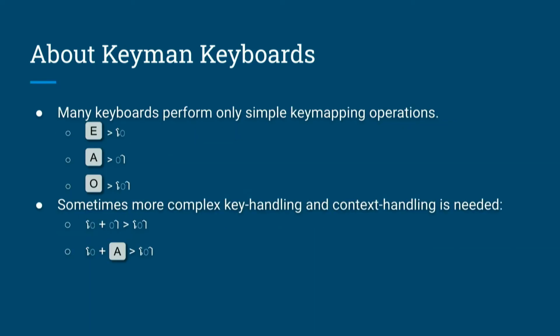So just for some simple examples of some basic things, and then some slightly less basic things that can happen with keystrokes. Your starting point, very simple, plain keystroke remapping operations. We can map E to an E-like vowel in Keyman, to an A vowel, and then O to the corresponding Keyman vowel as well.